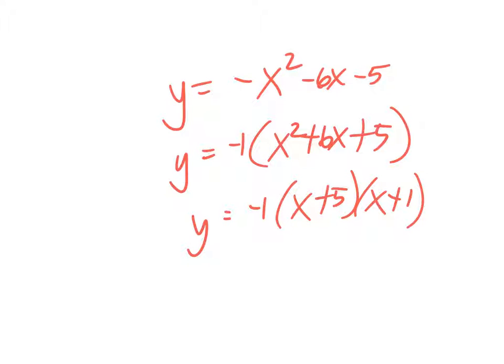X plus 5, x plus 1 with a negative in front. Looks like it's an upside down parabola. It goes through negative 5 and negative 1. Kind of like that.